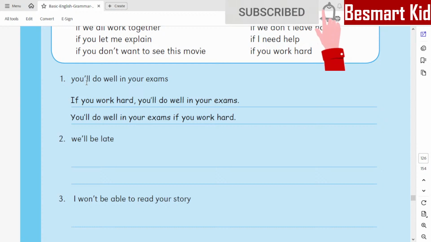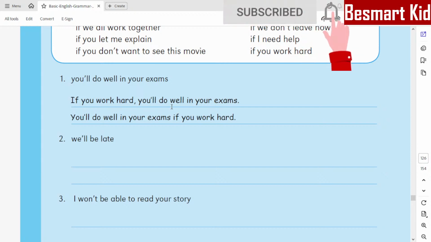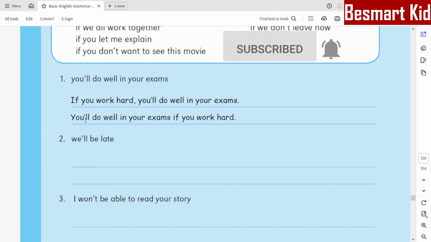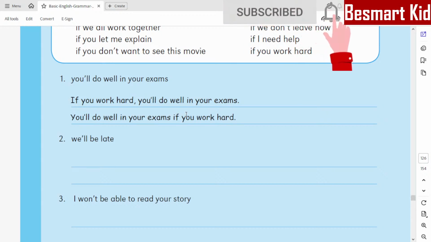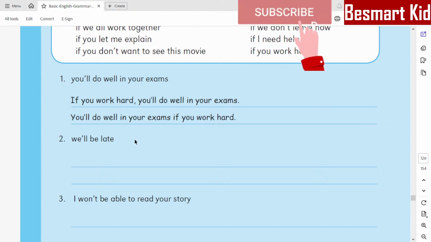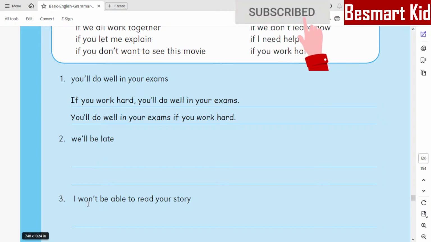First, you'll do well in your exams. If you work hard, you'll do well in your exams. You'll do well in your exams if you work hard. Second, we'll be late. Third, I won't be able to read your story.